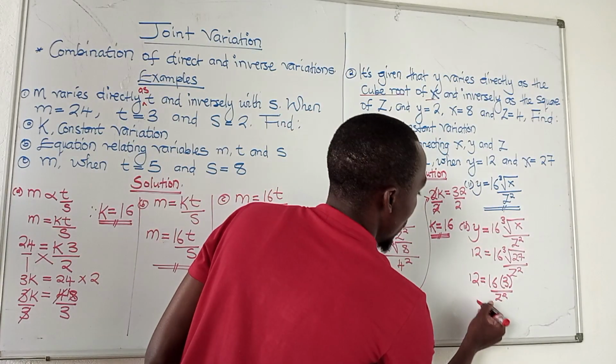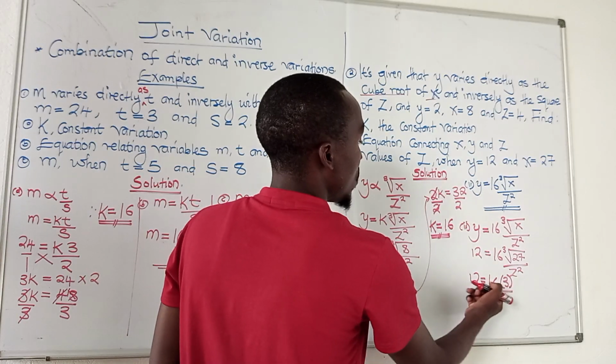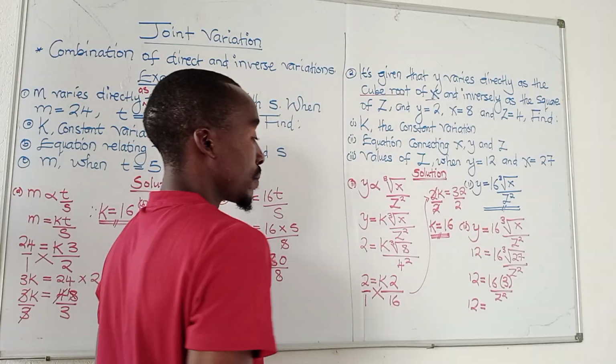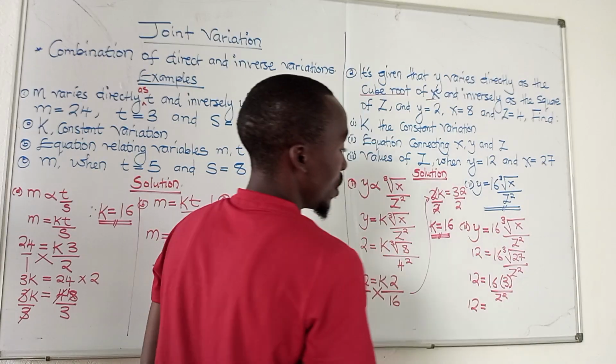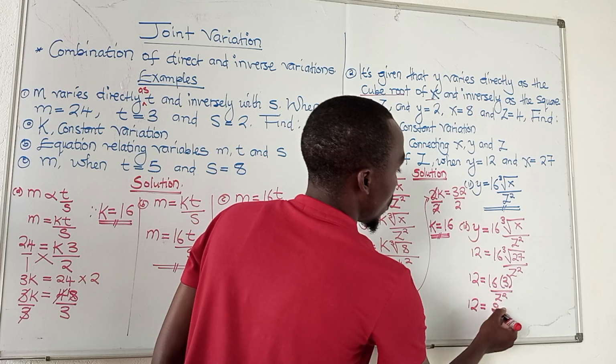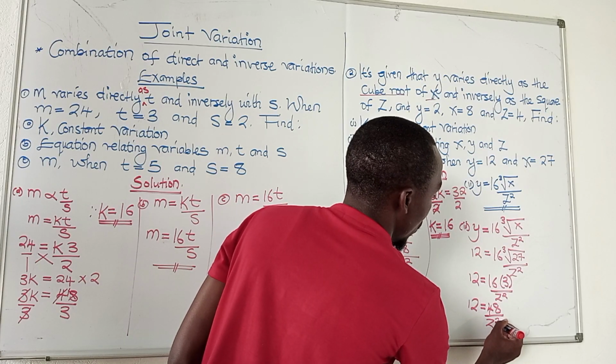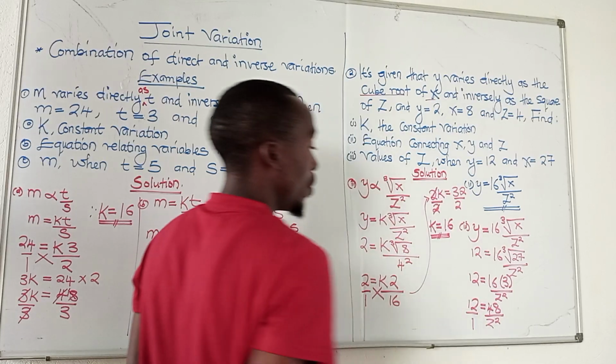Okay? So from there, what do you do? We're going to say 12 is equal to 3 times 16. 6 times 3 is 18. So we have 8, carry 1, 3, so we have 48. 48 over z squared. We say we do over 1 there.